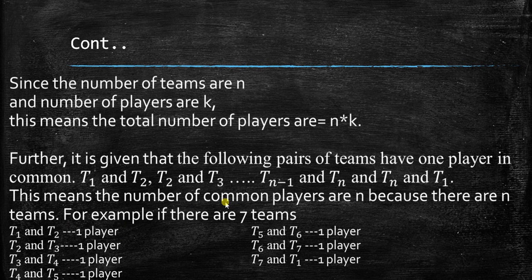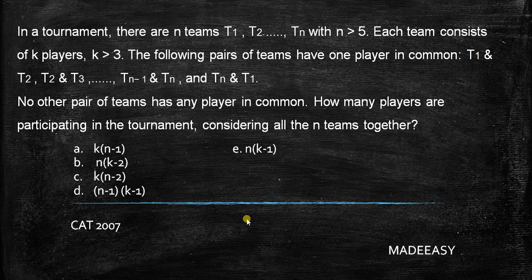Firstly, let's assume, for example, there are 7 teams. I could have 8 teams, 9 teams, 10 teams, any number I can choose, but it has to be greater than 5, because it is given here. The number of teams has to be greater than 5 and the number of players has to be greater than 3.